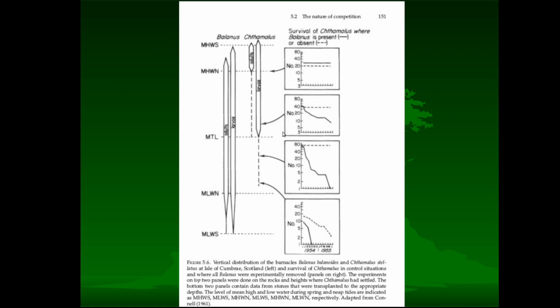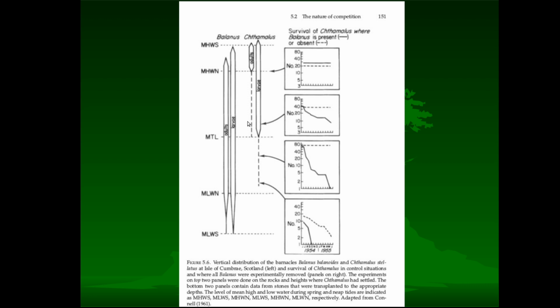All right, here's another diagram that is a little bit simpler. Here we have the adults and larvae of the Balanus, and the adults and larvae of the Thamylus. Notice the larvae overlap quite a bit. High on the shore, there's not much difference between the dotted and the solid line. It shows that there was not much of an effect of Balanus removal.